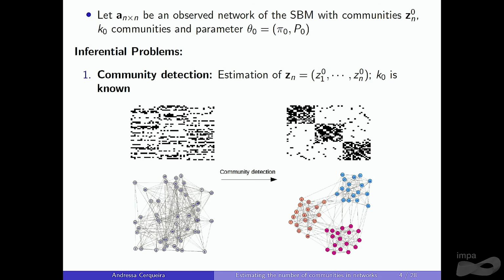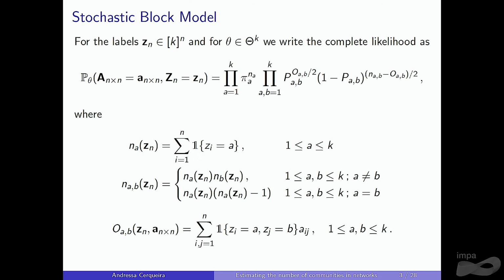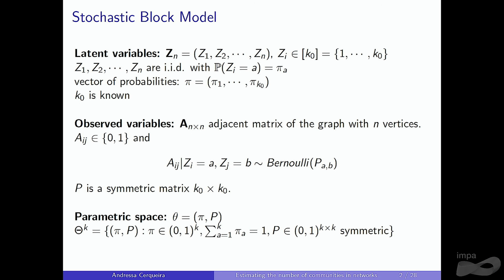In this model, we have a network with n vertices, and for each node of the network, we have a community assigned to that node. Here I'm saying that we have K0 communities, so K0 is the true number of communities of the network.